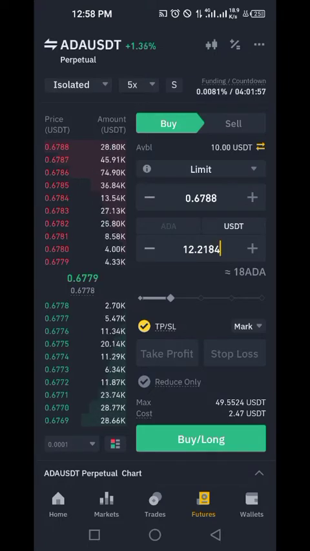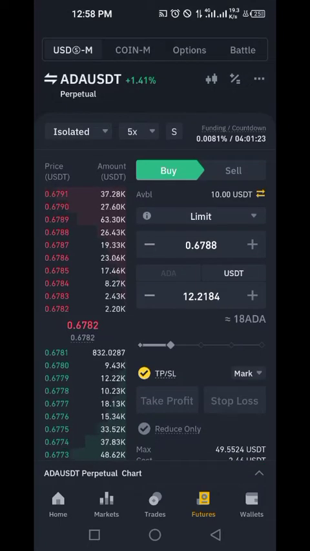My liquidation price is the price at which, when the market goes against me, it will take all the balance that I'm trading with. So immediately it touches the liquidation price, the amount I used to enter the position also will be gone, because the trade went against me.